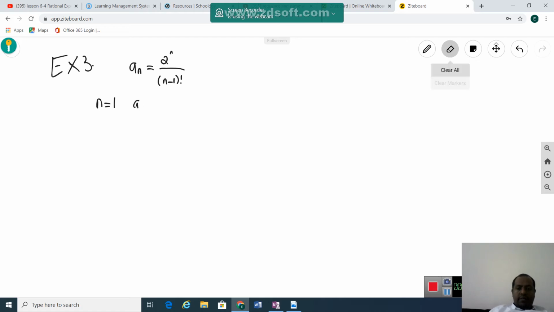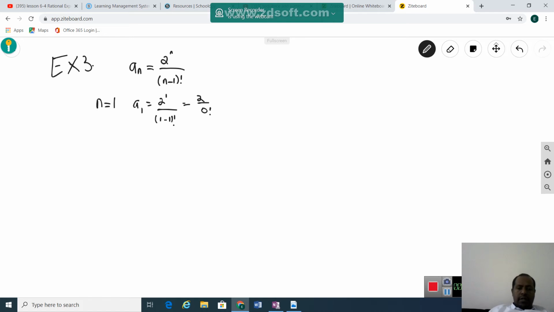So let's find the first term. To find the first term, I need to plug n is equal to 1. So a_1 will be 2 to the power of 1 over (1 minus 1) factorial. 2 to the power of 1 is 2, over 1 minus 1, which is 0 factorial.